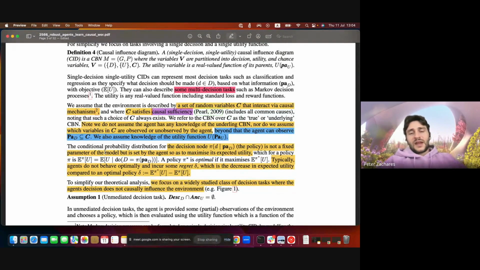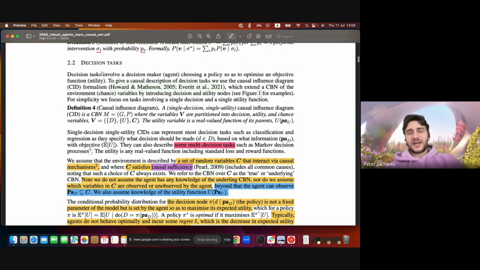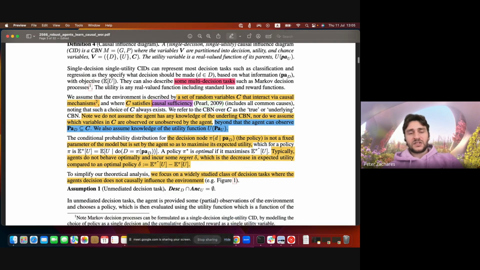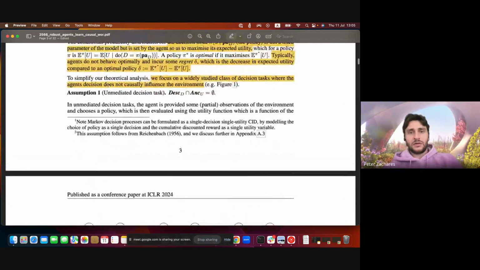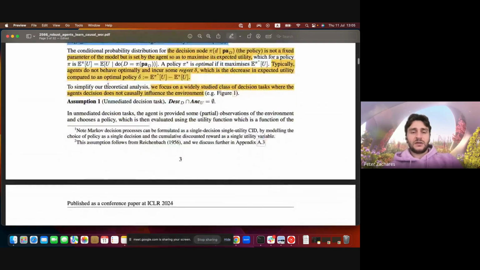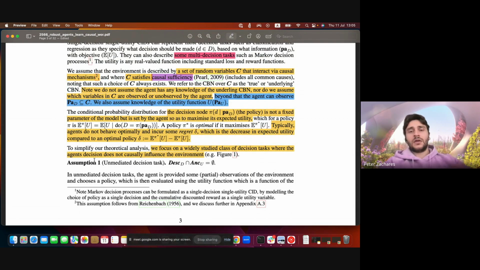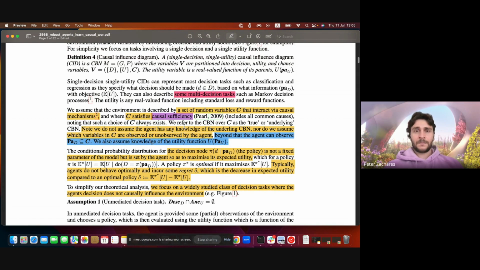Okay. Now, let's talk about what a policy is, because if you remember up here, it says decision tasks involve a decision maker choosing a policy so as to optimize an objective function, the utility. So the decision maker, which is D over here, has to choose a policy based on seeing X. So it's a way of deciding something. In math notation, in this paper, they use pi to denote a policy.